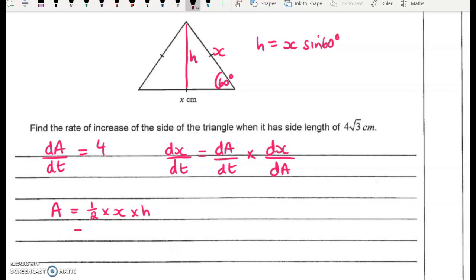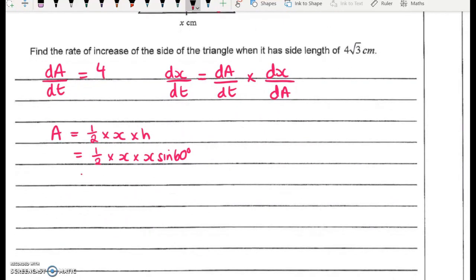So going back to our area, we've got half times x sine 60 for our area formula, which of course is half x squared sine 60. Now, if we are differentiating this, then we can start by replacing the sine 60 with its value.